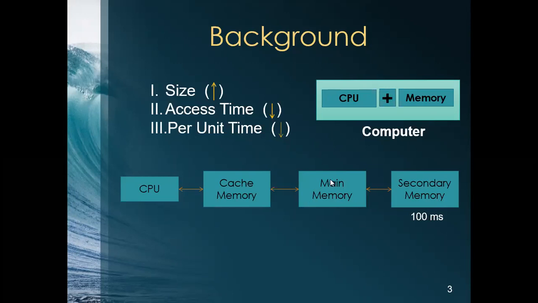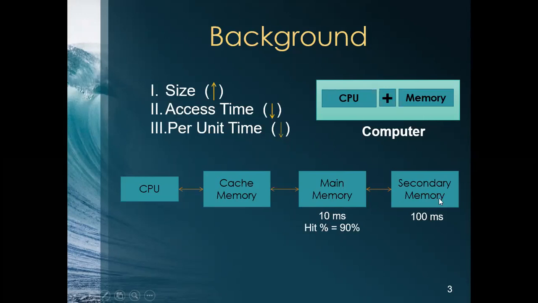If I talk about the main memory, that is RAM. The size of normal RAM is like 8 GB or 4 GB in normal computers. Compared to secondary memory, it is faster, but also expensive, the cost is high, and the size is smaller.